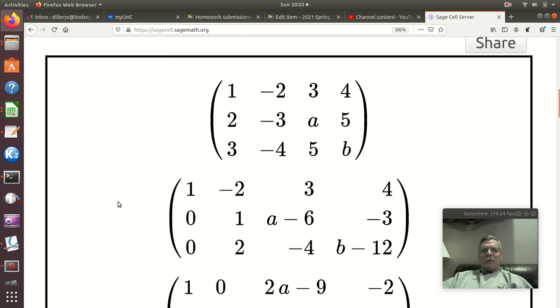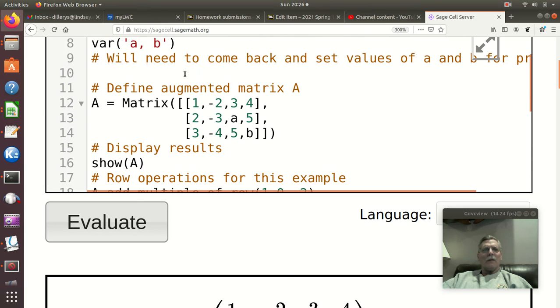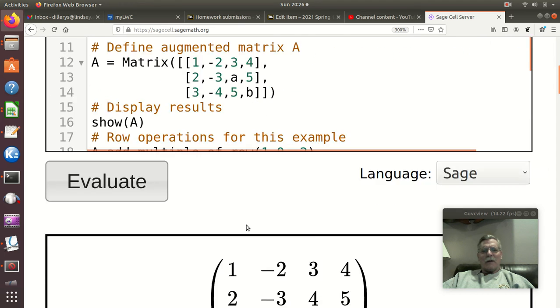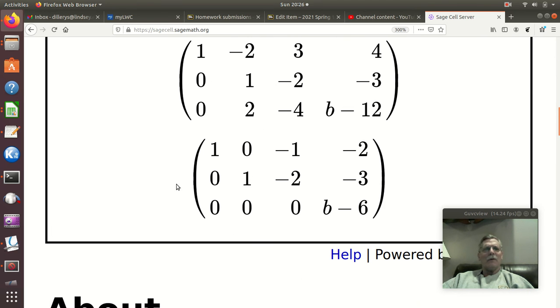So we can do this a couple different ways. We can go back here and say, okay, what if we let a equal 4 and we evaluate. Now we got an error last time, but notice, this time, this is why I was quite confused in the previous example.